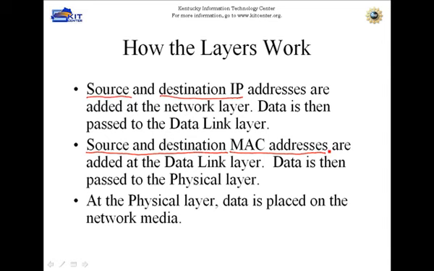At this point, it also adds the frame check sequence. I keep forgetting to mention that. The data is then passed to the physical layer. At the physical layer, the data is actually placed on the network media itself, in other words, it's sent. So here you've got a picture of how the layers work, and you've got a written explanation of how the layers work. You've got to understand this. It's fundamental to a lot of topics that we're going to talk about in networking and security.